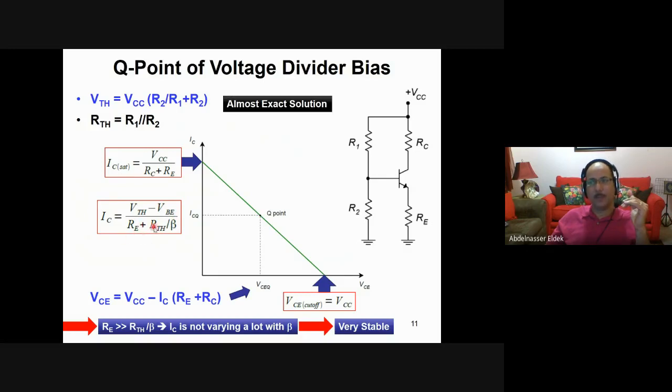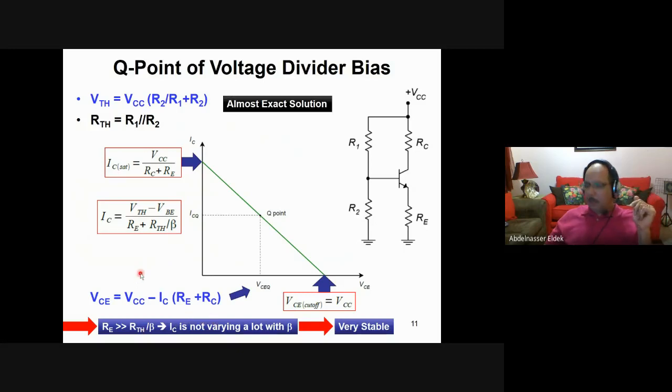Assume that this is 1000 and this is 1, for example. If this one becomes 2 or 3, this will not change a lot. R Thevenin is divided by beta, and usually beta is 100, 200, something like this, a big number. Then this is very small with respect to RE. That's why the effect of beta is very small.